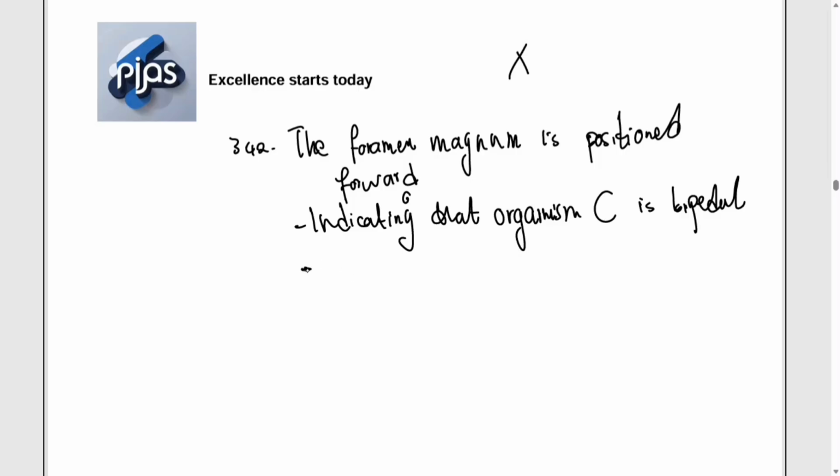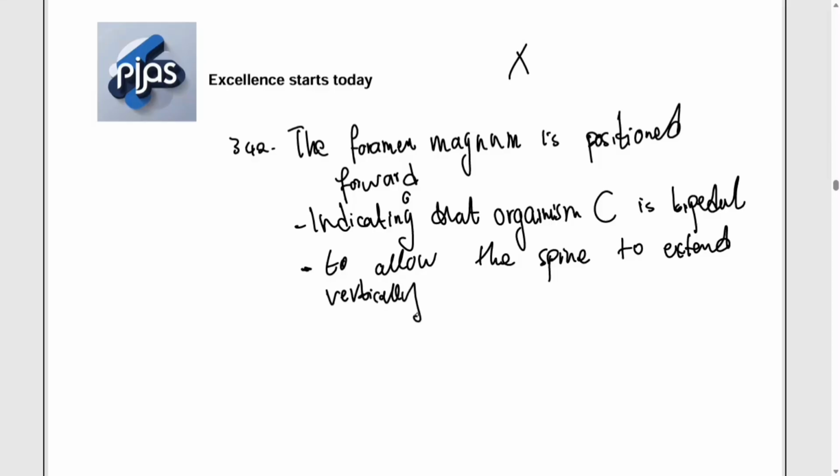Meaning that now we say the foramen magnum is positioned forward, indicating that organism C is bipedal. So to allow the spine to extend vertically, meaning that now it is S-shaped.